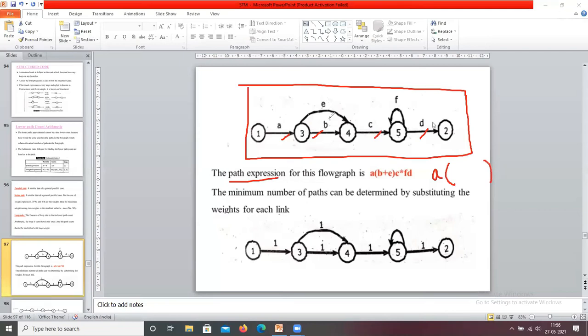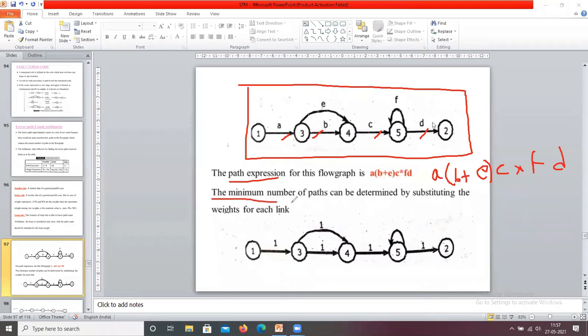These two are the parallel links, so B plus E. Next it is a serial link, so into C, and these are the serial links, so into FD. So this is the path expression for the flow graph: A into B plus E into C into FD.